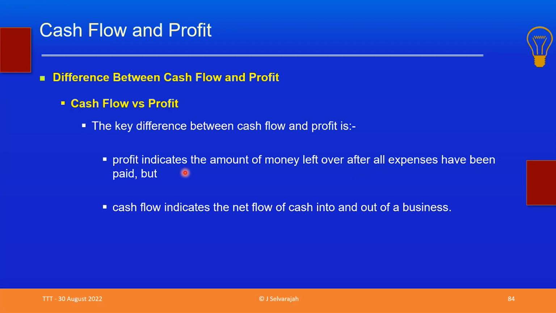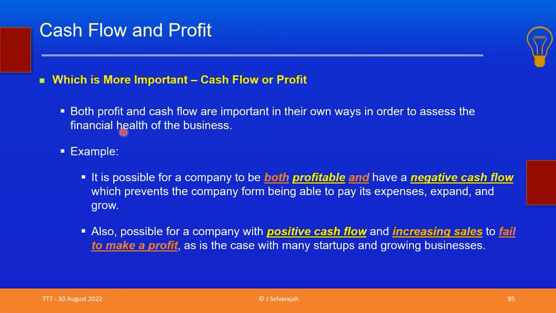The amount of money in the profit and loss account, you can use to distribute only if you've got cash. If you have no cash and a big profit, you cannot distribute. Profit just indicates how much is left over after the expenses have been paid. It does not represent the cash at all. So which is more important?